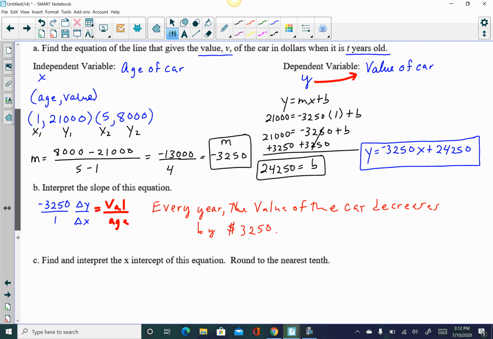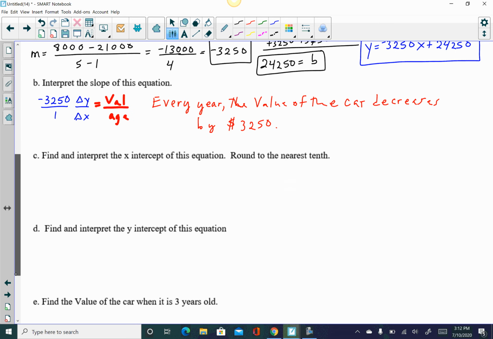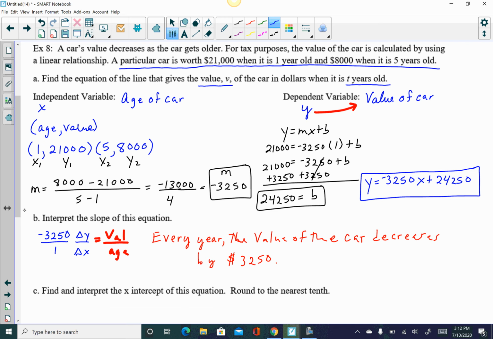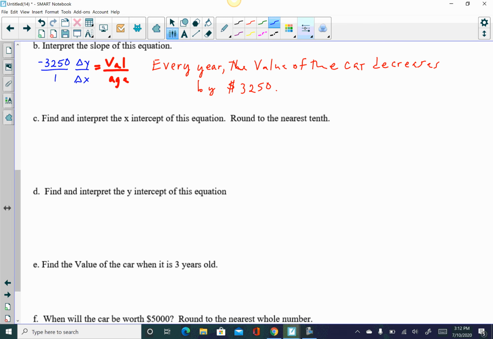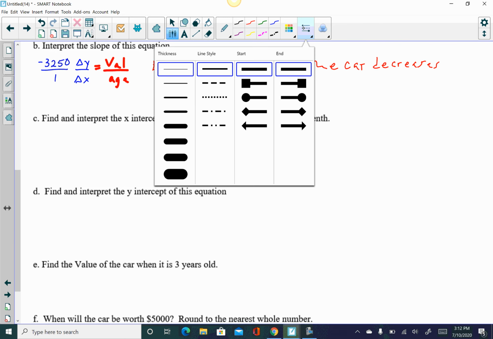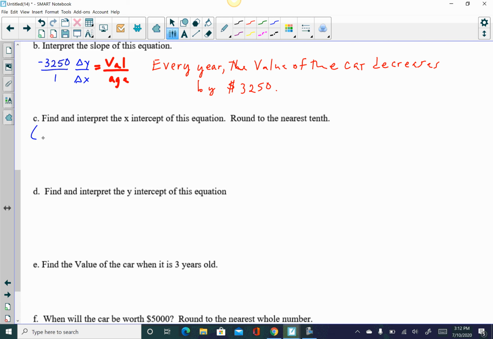All right, so this will get a little bit better here in terms of my pen. And part C wants us to find and interpret the x-intercept for this equation. So your x-intercept, remember, is always of the form some number, comma, 0. So you're plugging 0 in for y and solving for x.